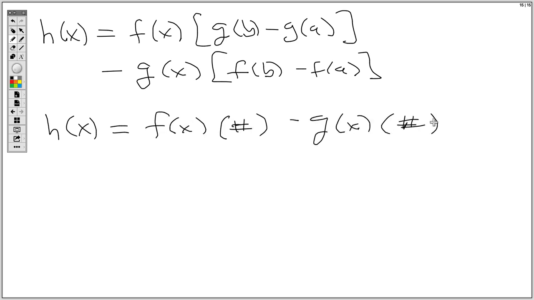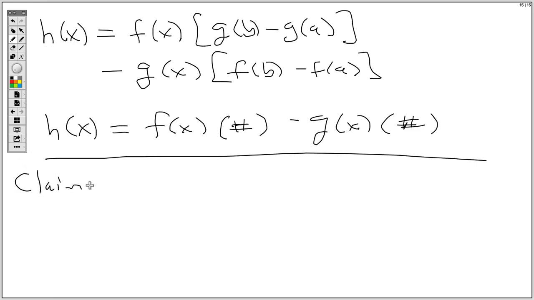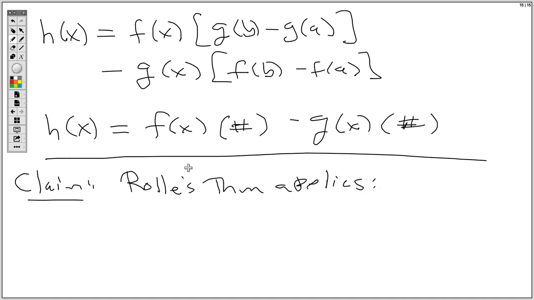So we're just taking a multiple of f and subtracting a multiple of g. So the claim is Rolle's theorem applies here to h.